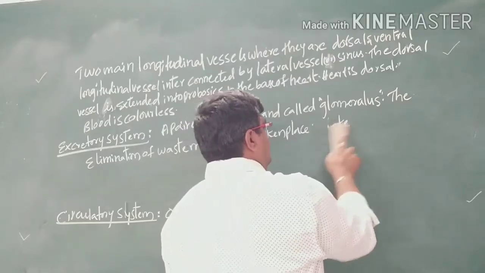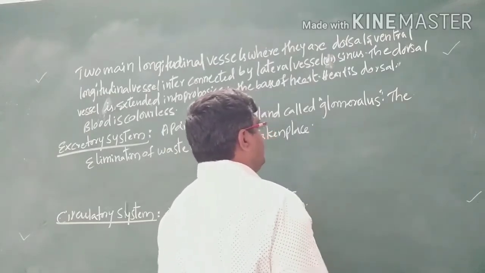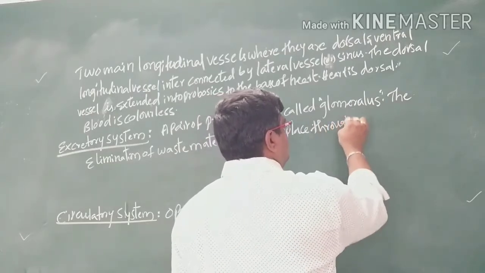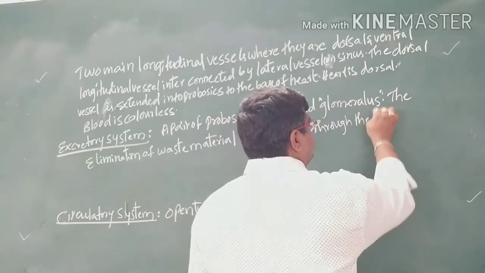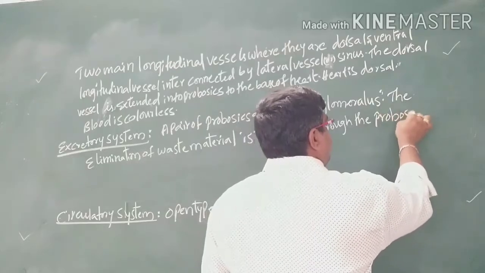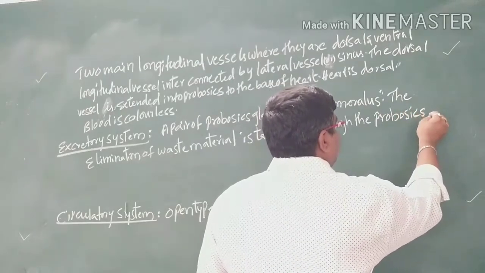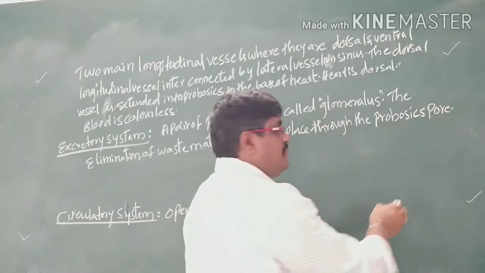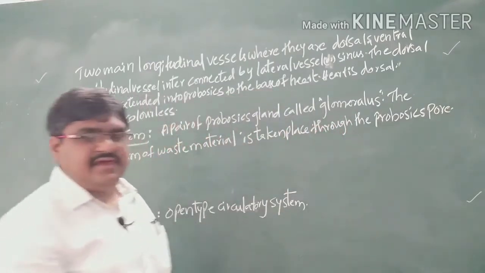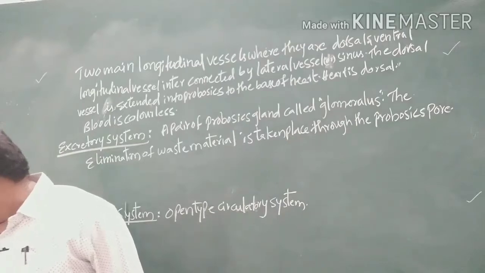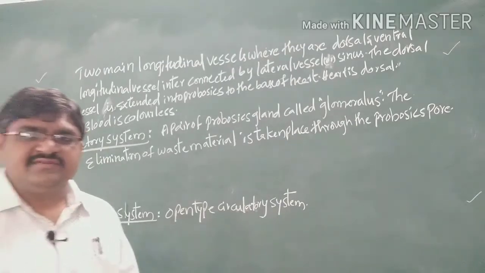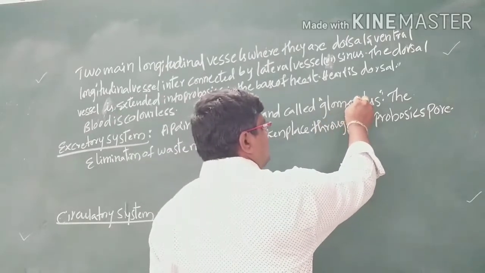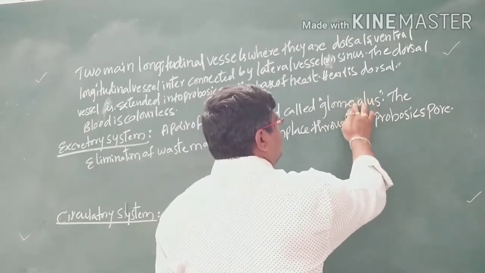Through the proboscis pore. That means here you have a pair of proboscis glands, called the glomerulus.